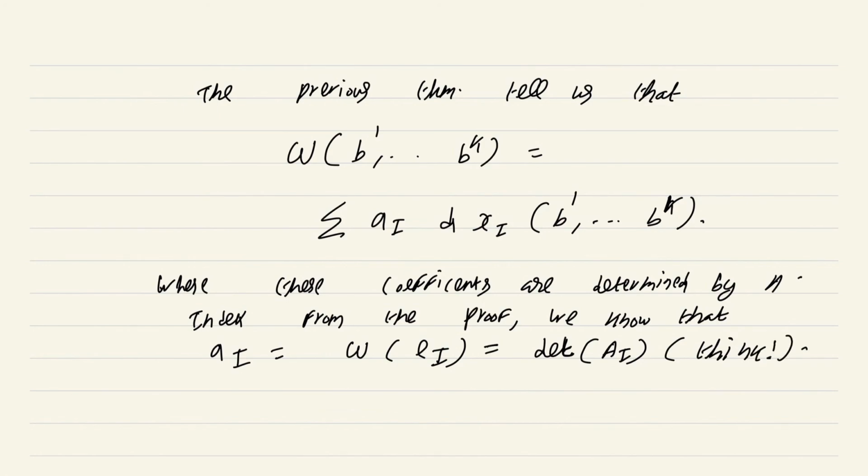So in the place of X, when you plug in e_I, think about what happens. You will conclude that omega of e_I is nothing but determinant of, of course, there should be a transpose, A transpose I.